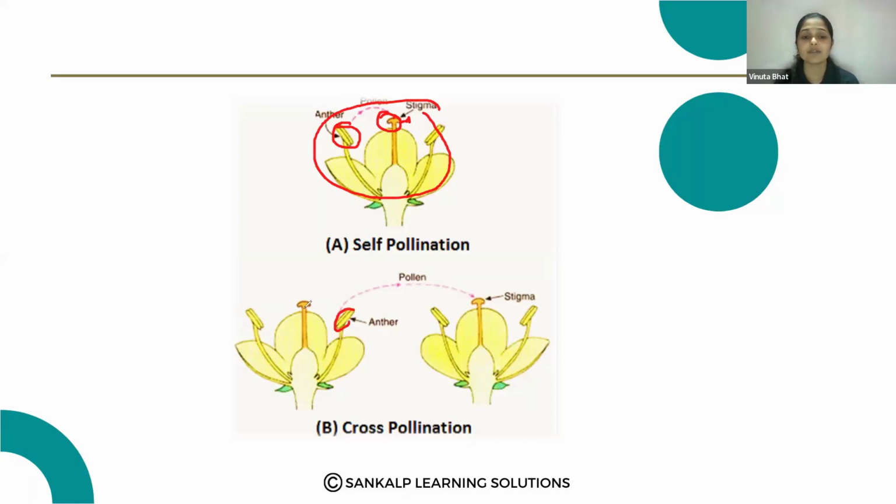If the flower has the same male reproductive structure as well as female reproductive structure, but there is no synchrony in the release of the pollen grain and the stigma receptivity, the pollen grains are transferred to the stigma of another flower where the stigma is ready to receive the pollen grains. This type of pollination is called cross pollination.